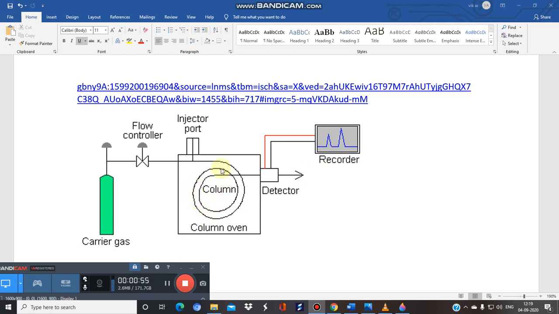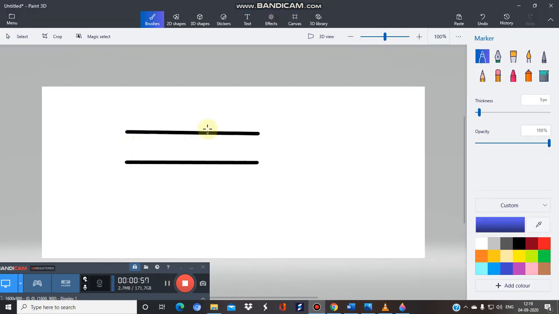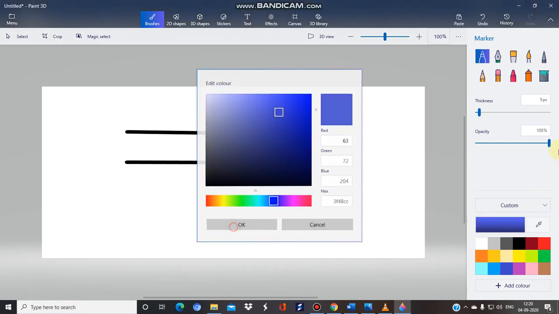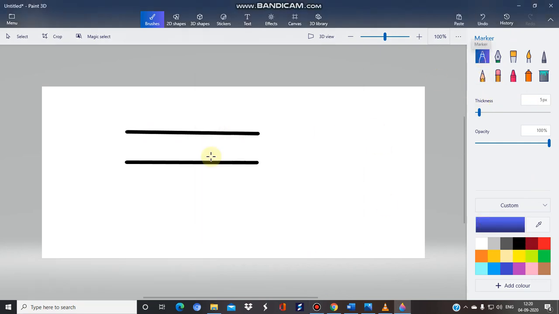So let's see what happens inside this column. Suppose this is your column, and I mark with this brush. This is the carrier gas. These are the carrier gas molecules. And we know the mobile phase used in the column in gas chromatography is especially an inert gas.